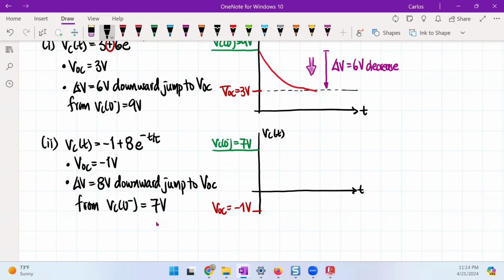So that means that it has to reach this steady line here. Drawing in exponential decay, it's got to look something like that. Then I'm looking at my jump. My jump says that I'm going to go all the way down to -1. So the delta V tells me that's an 8 volt decrease, telling me that my curve is now moving downwards, not upwards.